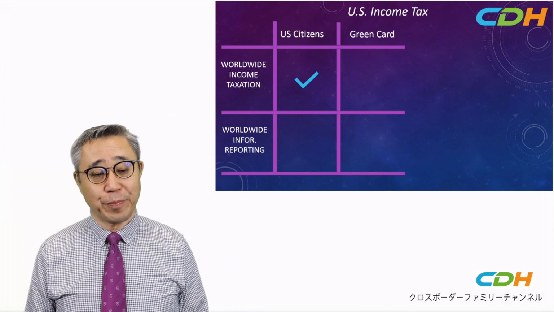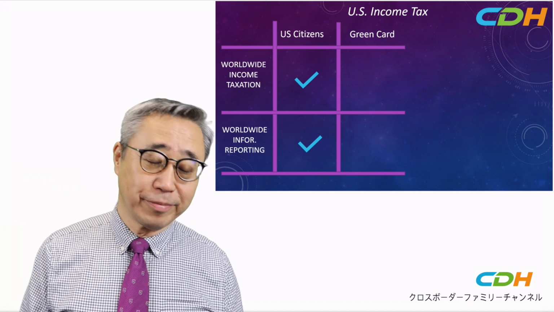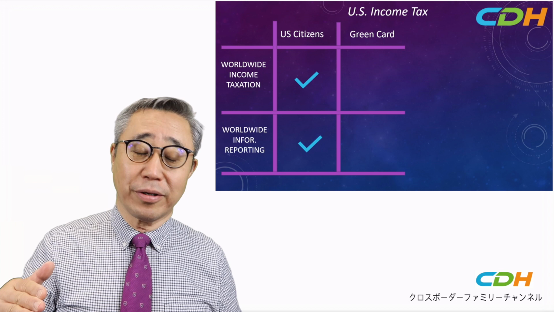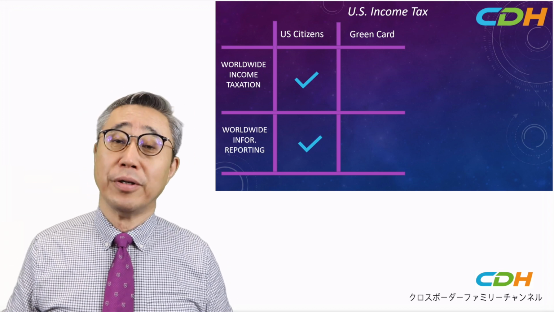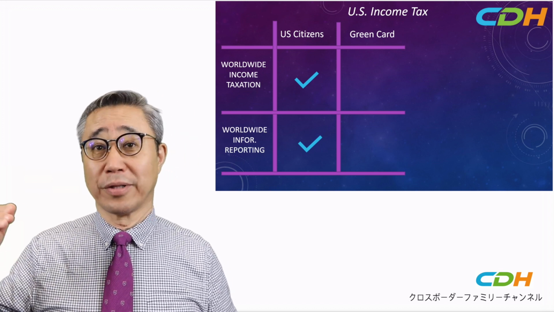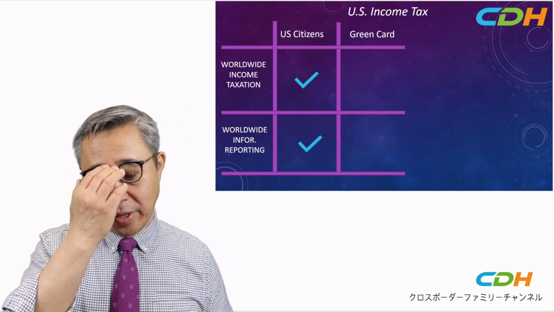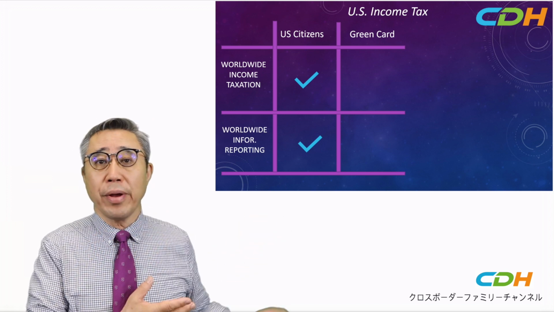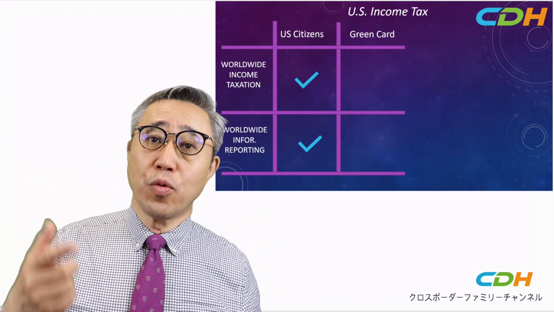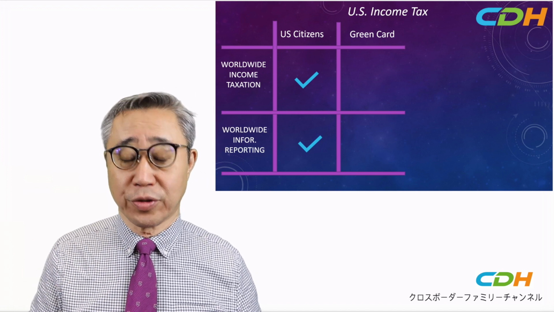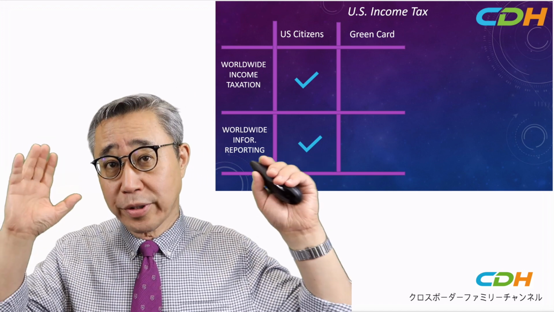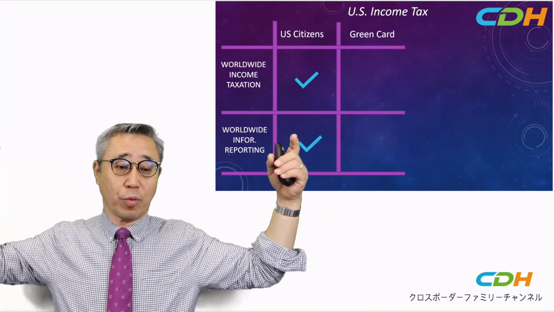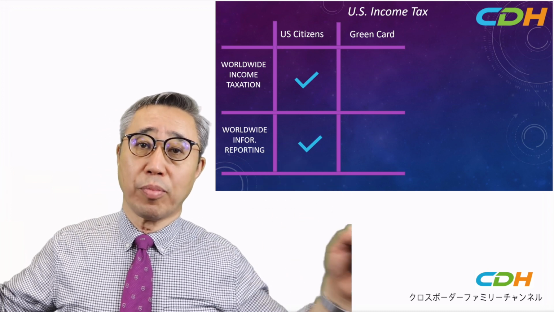And also, you must report, obviously not everything, but certain required information to the IRS or sometimes Department of Treasury, FinCEN 114. So compared to the US citizens, these obligations under the US income tax are a very wide range, worldwide income tax, worldwide reporting.